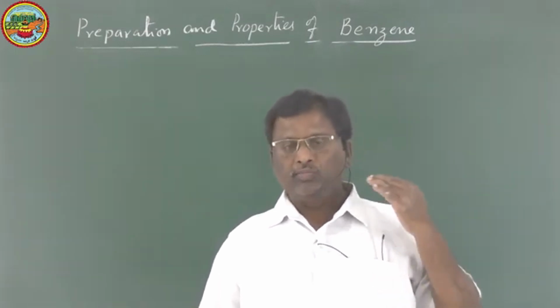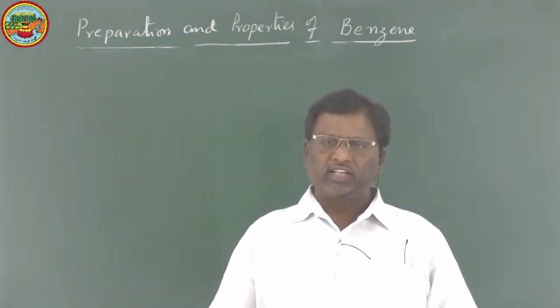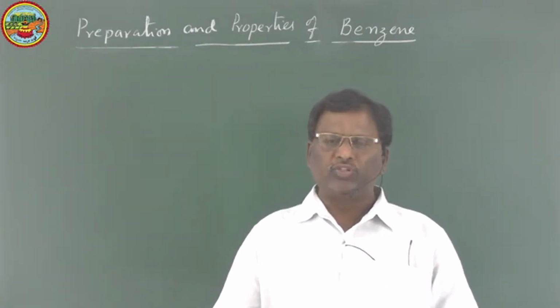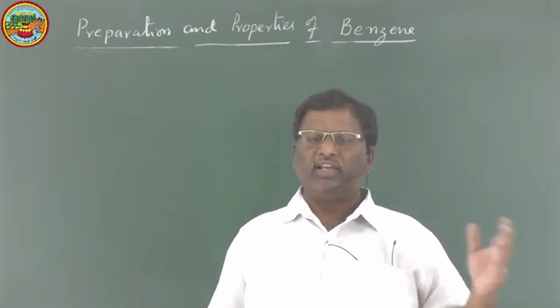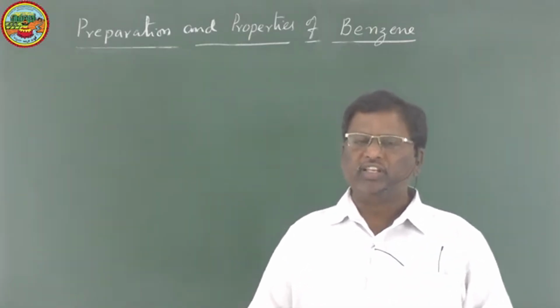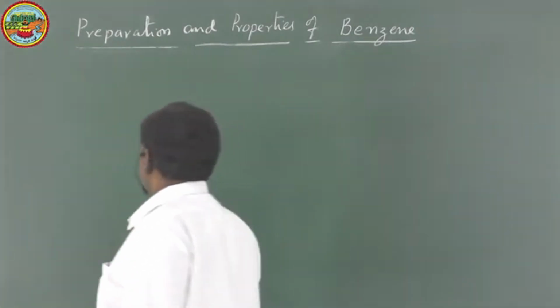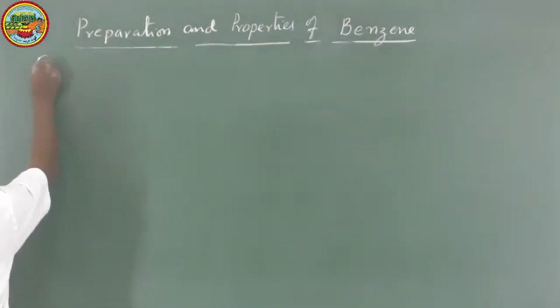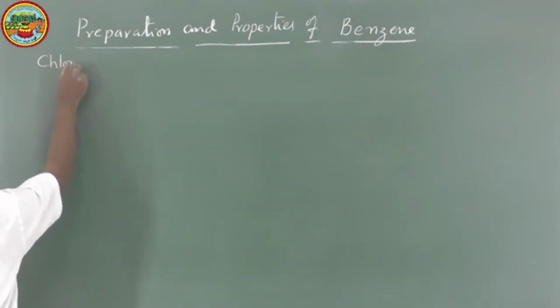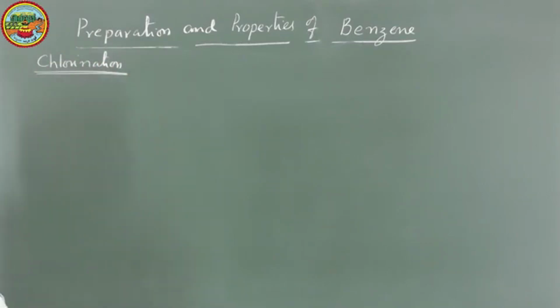But it is more prominent in substitution reactions, particularly nucleophilic substitution reactions. When a nucleophile is added to it, it can replace the hydrogens of the benzene ring and occupy the position. So the first one is chlorination. Chlorination means the addition of chlorine.